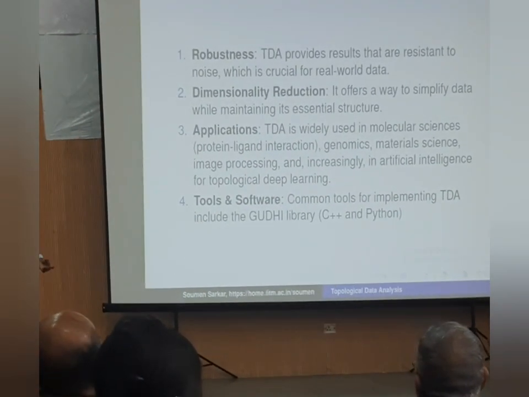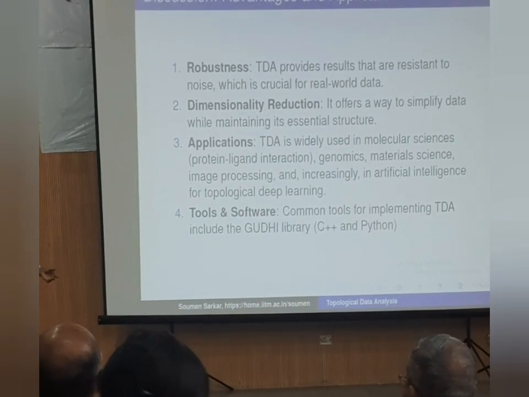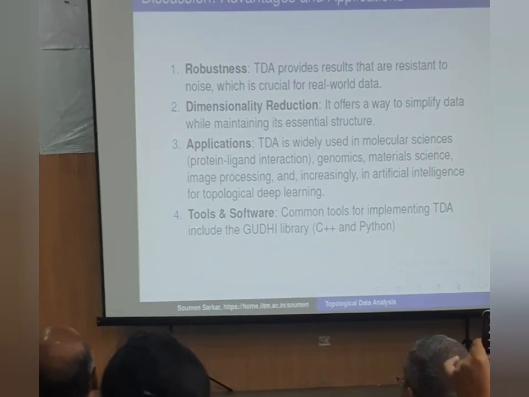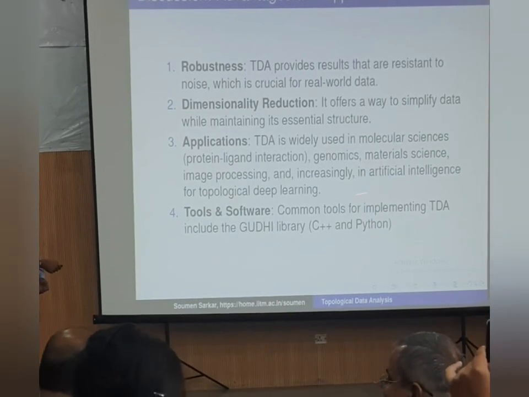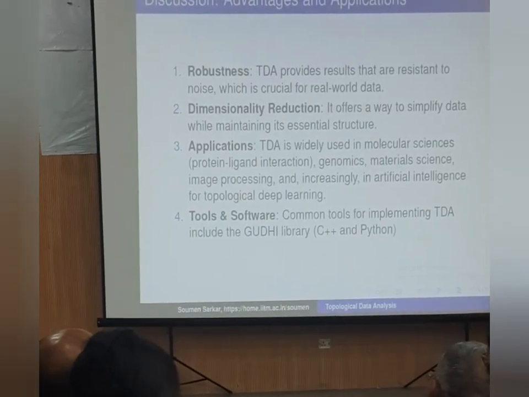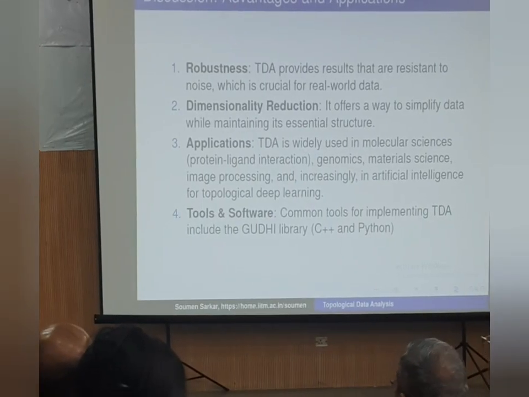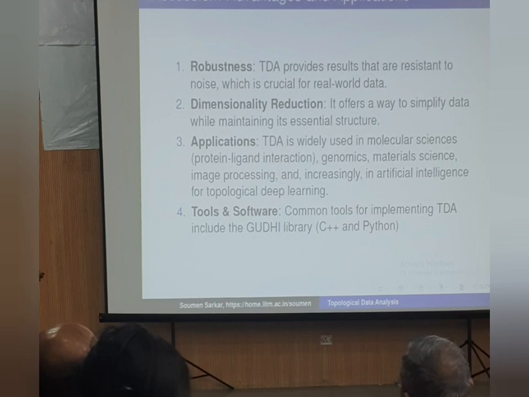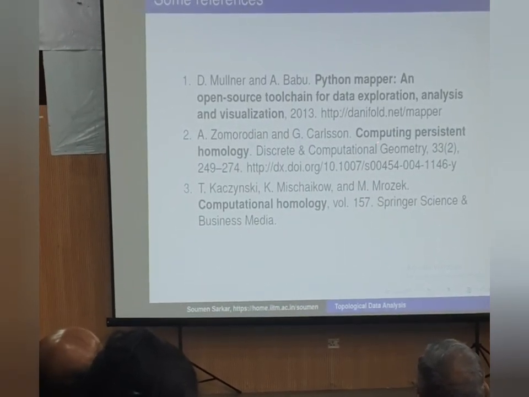During my MSc, my teacher wanted to teach me C++. When I saw the algorithm, I said, "Sir, this is very easy, I don't want to do that." But now I can see it is not easy, it is also complicated if we have to use this. So if you have to do topological data analysis, you have to be robust in the application. So many things you need to know, and there are some references I just included.